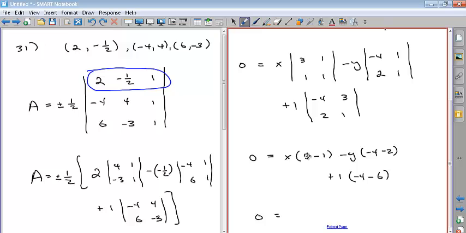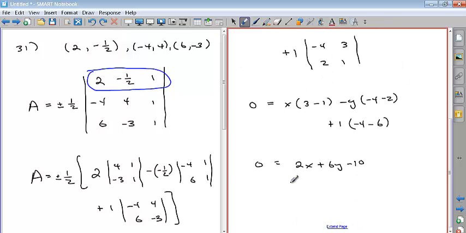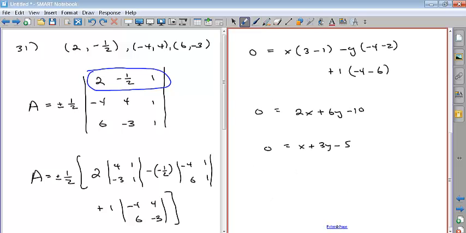So you get 2x minus, well, you got negative 6, so negative 6, change sign, you get 6y, and then negative 10. Divide everything by 2, so you'll get x plus 3y minus 5. And I guess that's it.